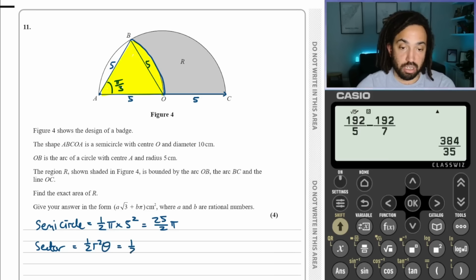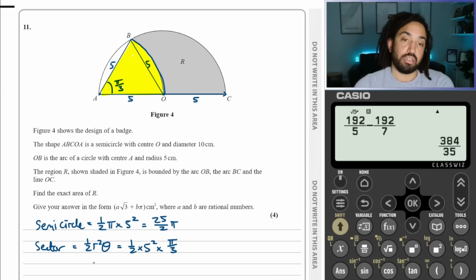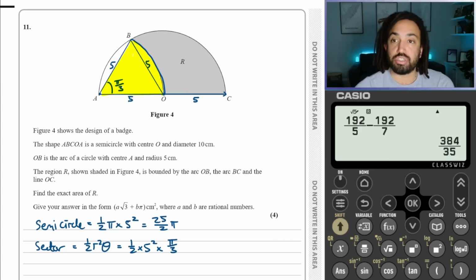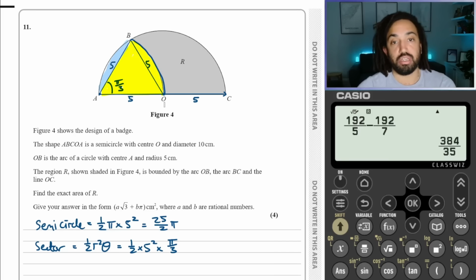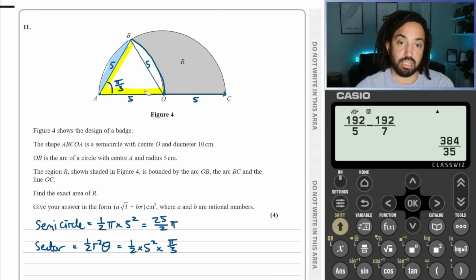So this is a half times 5, the radius, squared, and theta is the angle made, which is pi over 3. Okay, great. So what's left to work out is this blue segment here, which incidentally is the same as, by symmetry, this segment here.